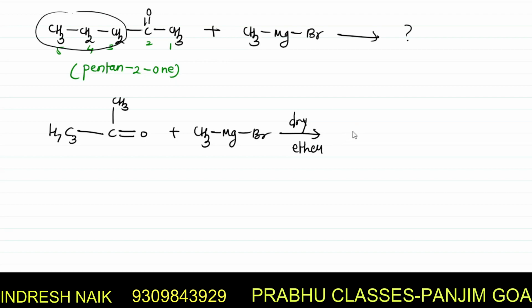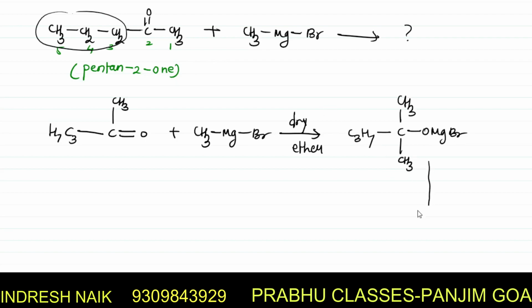In dry ether, it is C3H7, this is CH3, this is OMgX or OMgBr, and this is CH3 from the Grignard reagent.